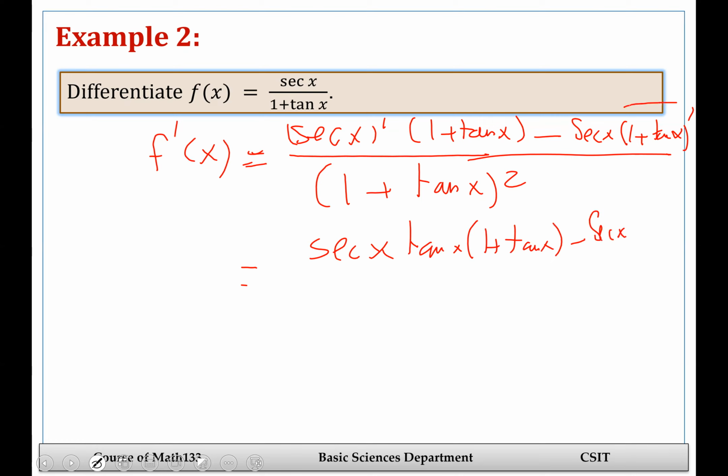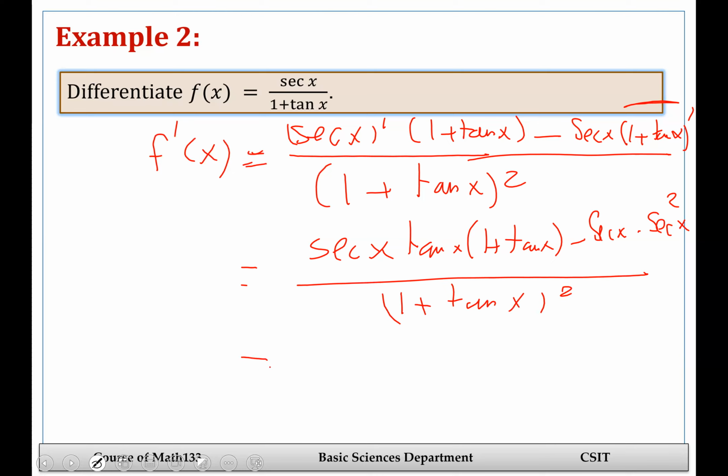Here it's only the derivative of tan, because the derivative of 1 is 0, and then you compute the derivative of tan, which is secant squared. So again, we multiply by secant square x here, and we divide by 1 plus tan x squared.